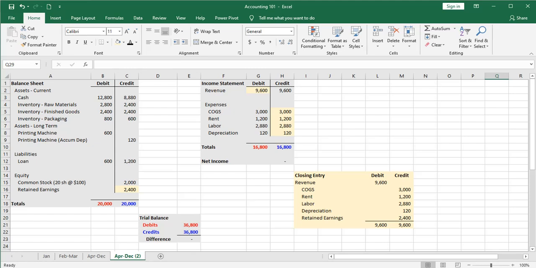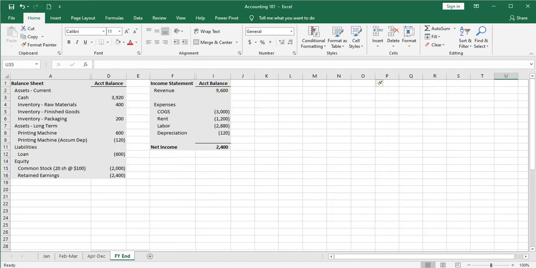So all of the income statement accounts have been returned to zero, and all of the permanent accounts on the balance sheet are preserved. To illustrate this, I've created a balance sheet for the year end after the closing entry. So this includes the retained earnings. And I've hidden all of the unnecessary columns. This is how the balance sheet would look at year end.